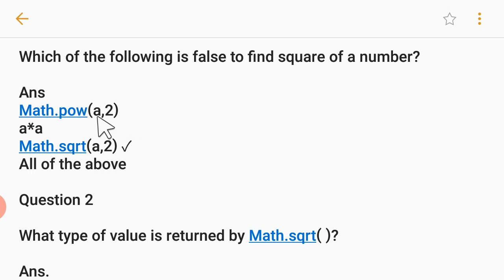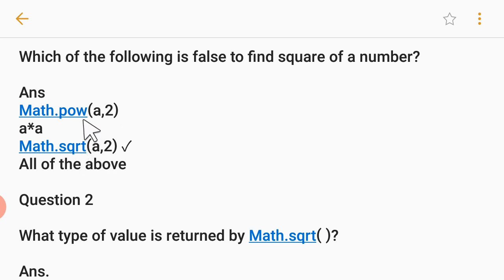Let me give you an example. Suppose the value of a variable is 5. What will we get? We'll get 25.0, not just 25, because pow returns the value in the double data type. Math.sqrt also gives the value in the double data type, but it gives us the square root.